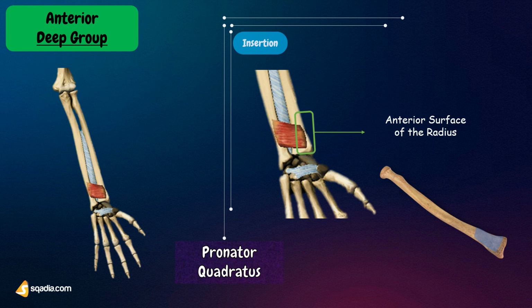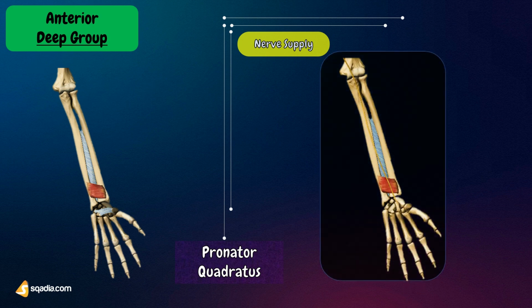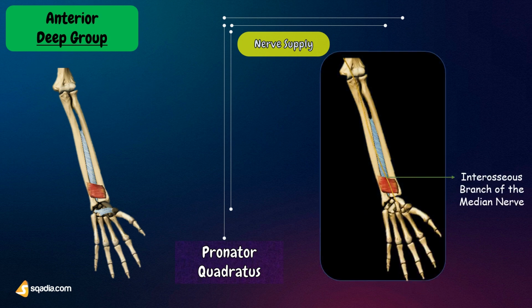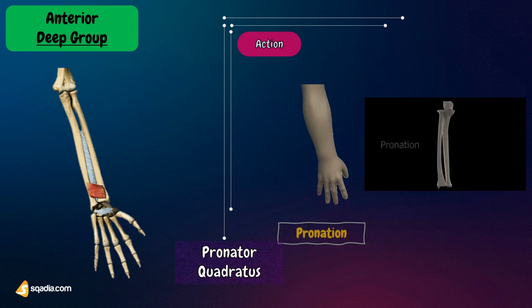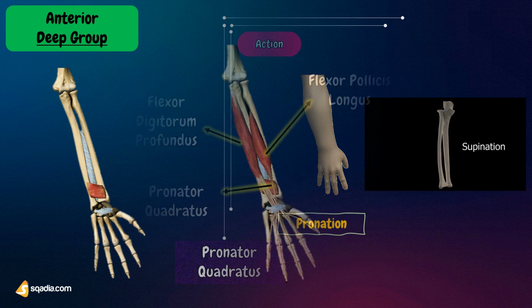It is also supplied by the interosseous branch of the median nerve. The muscle pronates the forearm at the proximal and distal radioulnar joint. So that was all about the three deep muscles of the anterior compartment of the forearm.